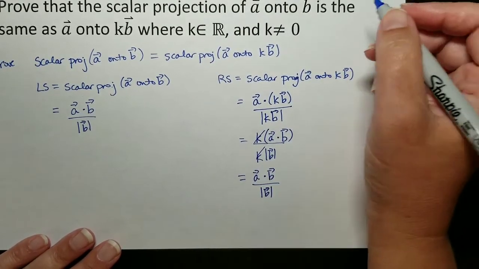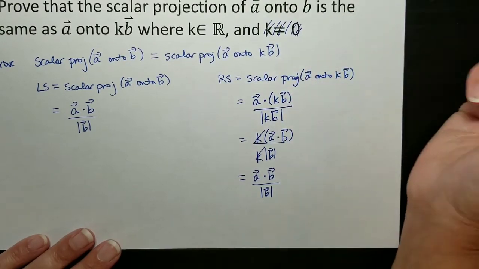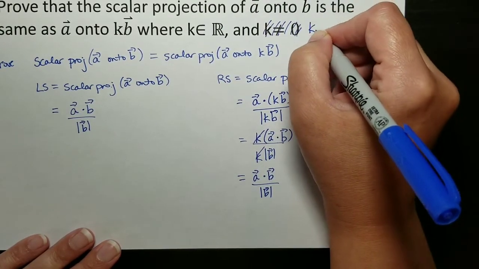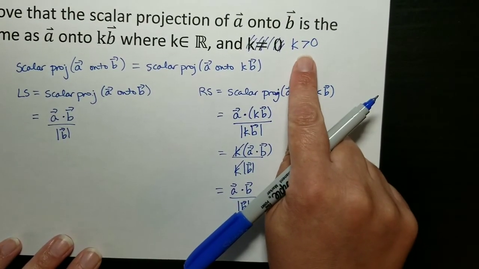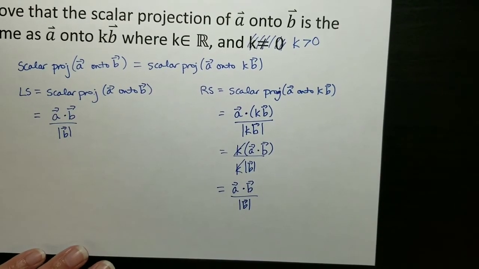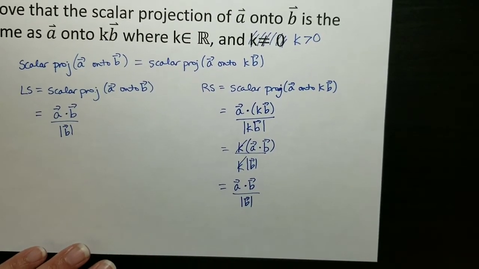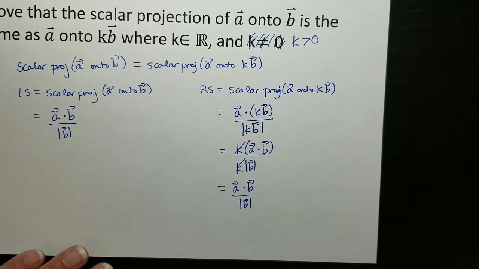And we do have to restrict, because I'm going to say K is greater than 0 because the direction matters. We would end up with a negative sign if K was negative. So I'm going to restrict that to K is greater than 0, and I think that's probably the intention here.